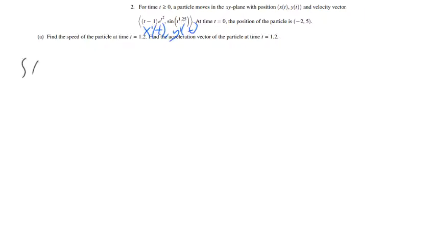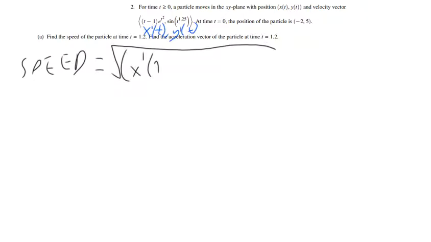Well, we know that the speed is just going to be the square root of x prime of t, and we're using t equals 1.2, squared, plus y prime of 1.2, squared. And we're going to do this in the calculator, so I'm going to put this in when t equals 1.2.